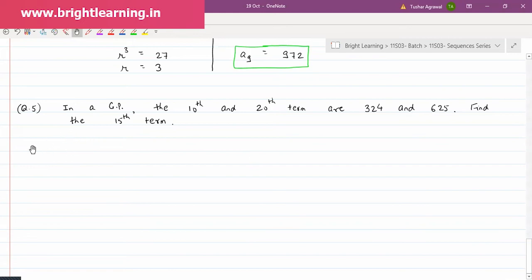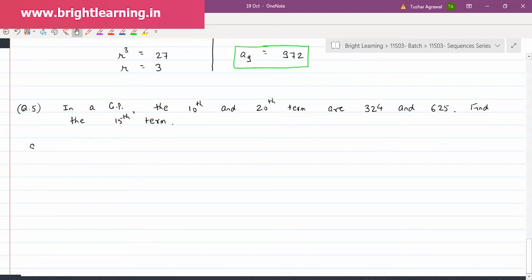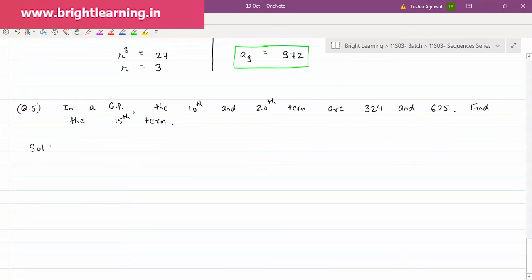Are you getting? There is a catch in this problem. I will give you a hint.